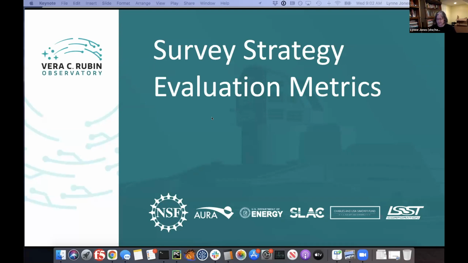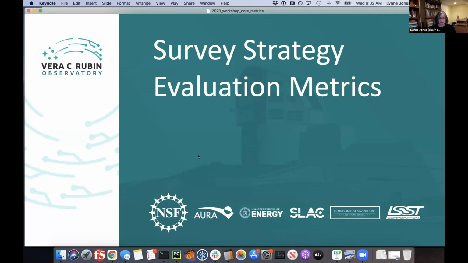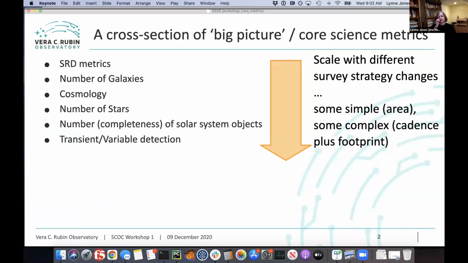These are the science-level metrics that we are using as at least part of the basis when we're comparing our different simulations. There are more metrics than these. There are a lot of metrics, but these are the big picture core science metrics.